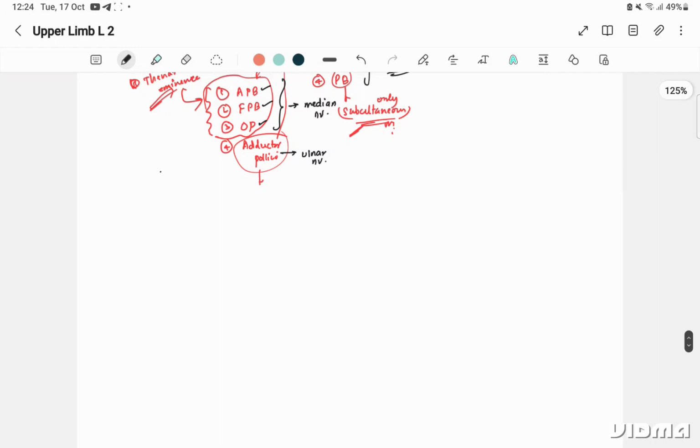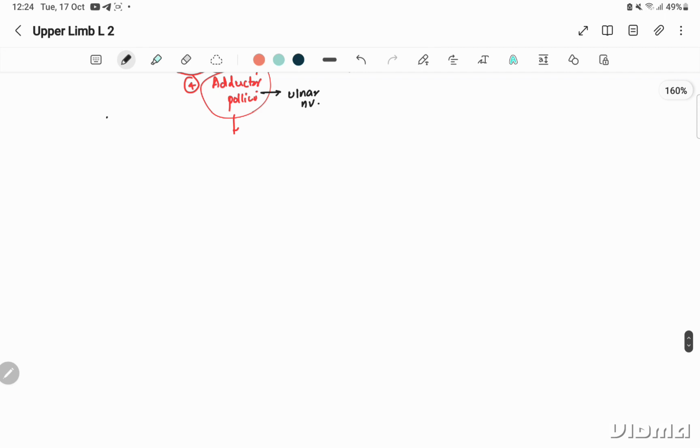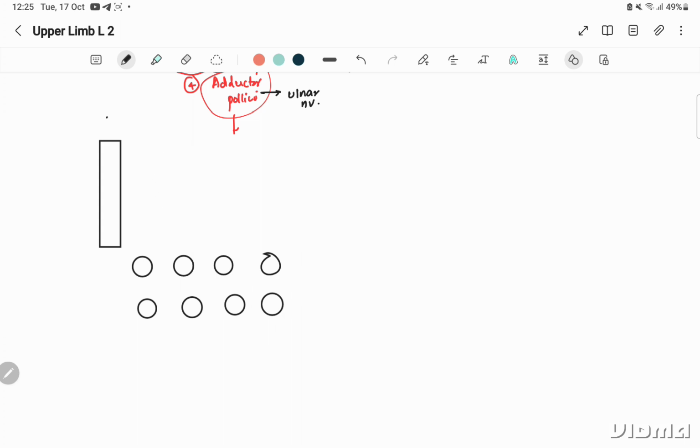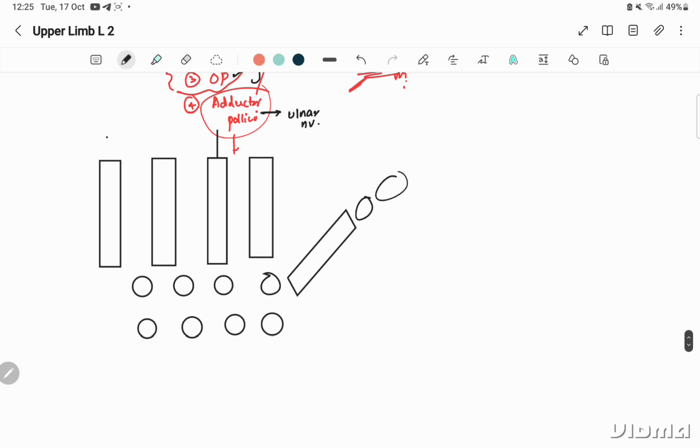Now let's discuss the hypothenar and thenar muscles in a diagram. So let me draw a diagram so that we understand it well. Let's say this is the thumb and 2 phalanges here.